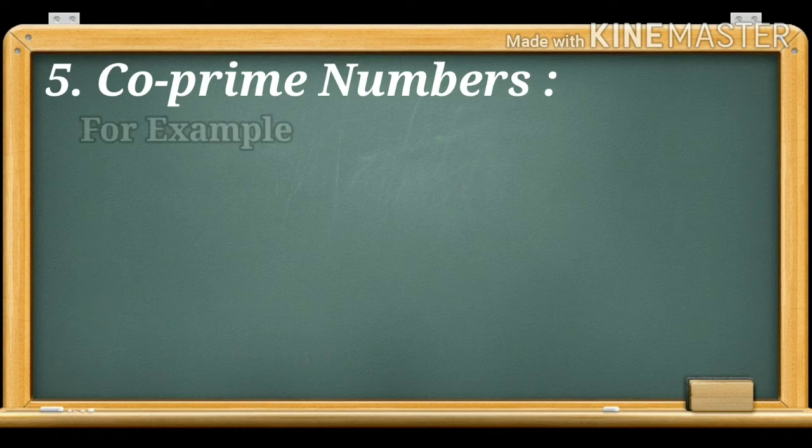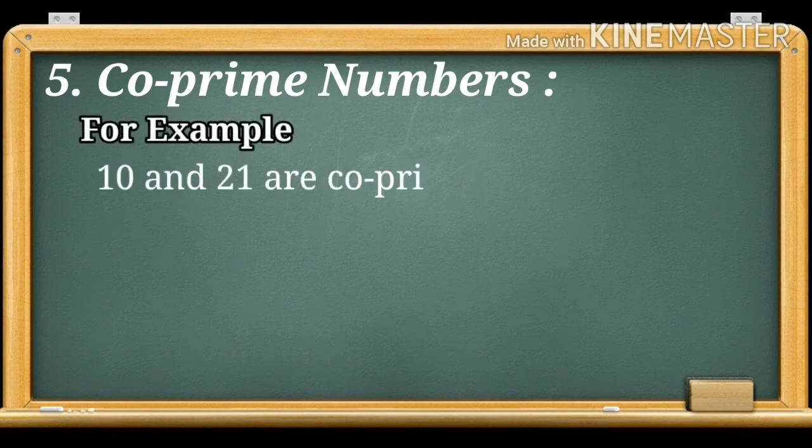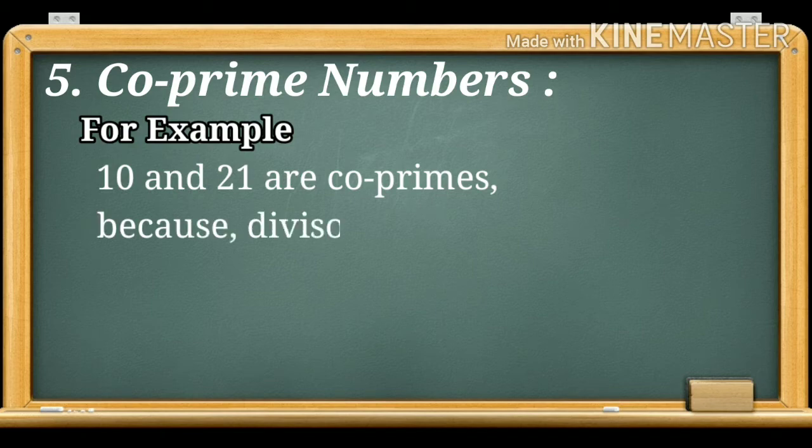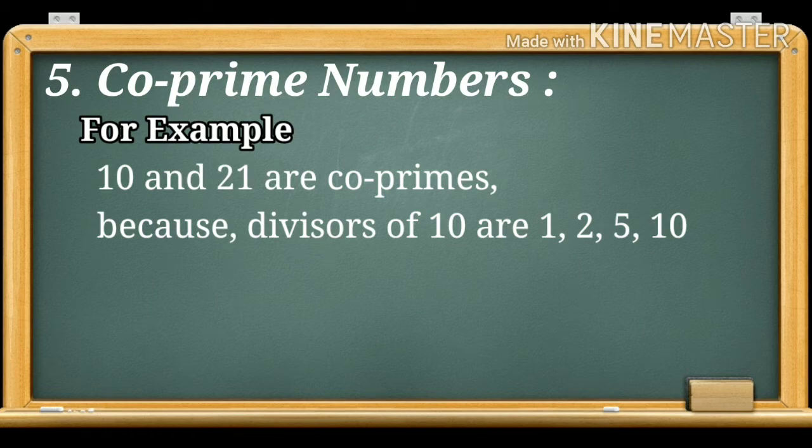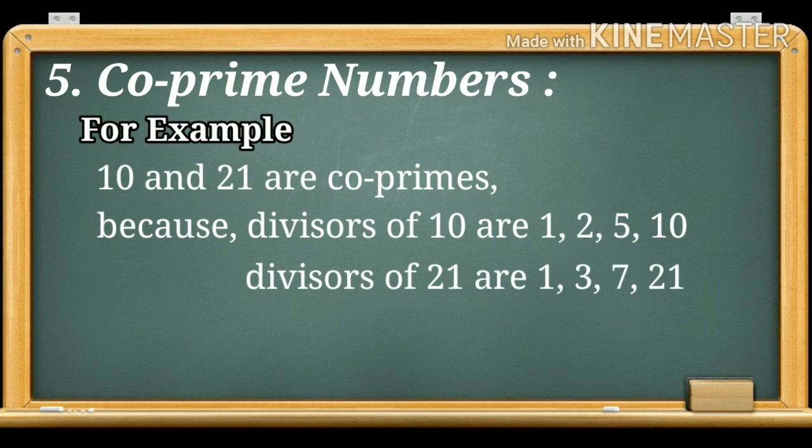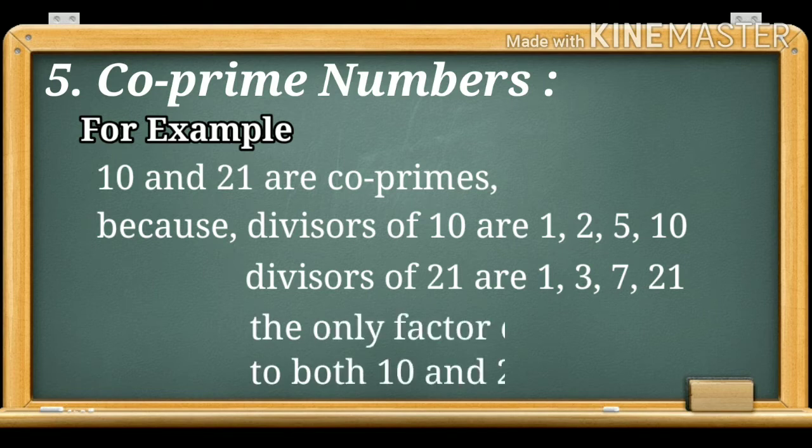For example, 10 and 21 are co-primes because the divisors of 10 are 1, 2, 5, 10, while the divisors of 21 are 1, 3, 7, 21. And the only common factor of both 10 and 21 is 1.